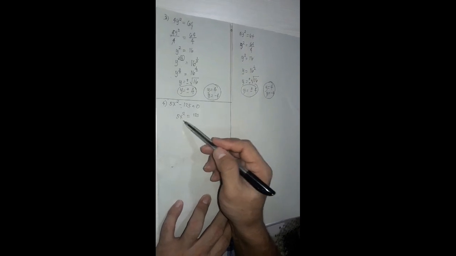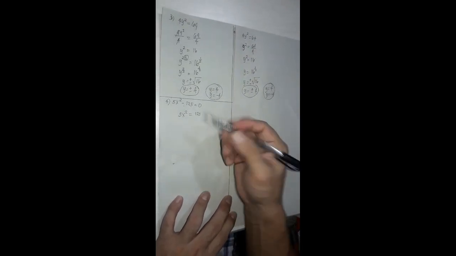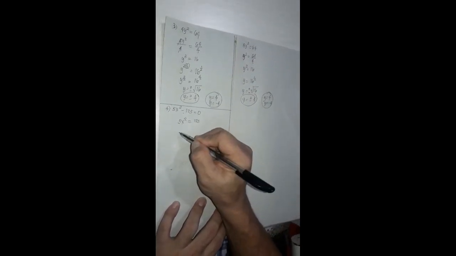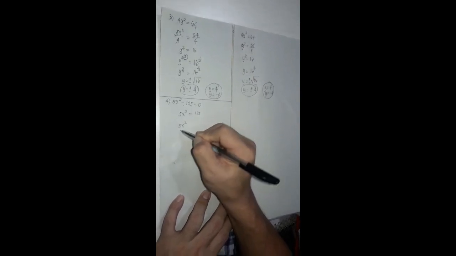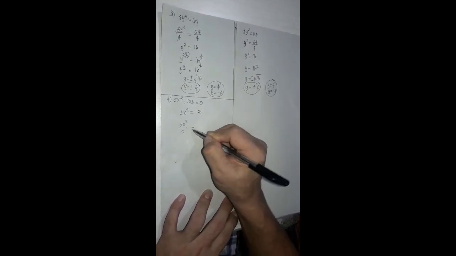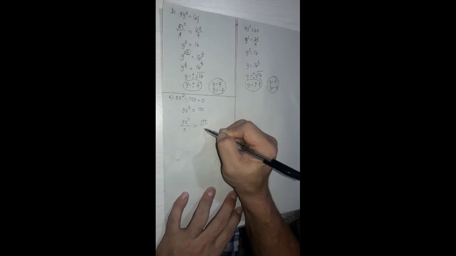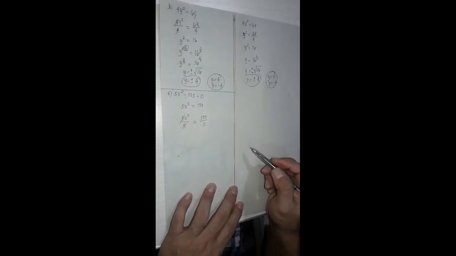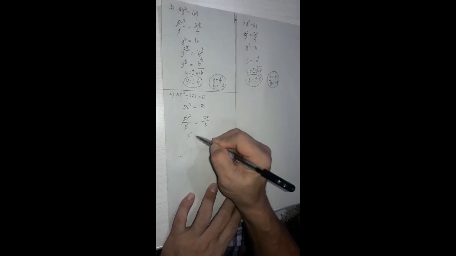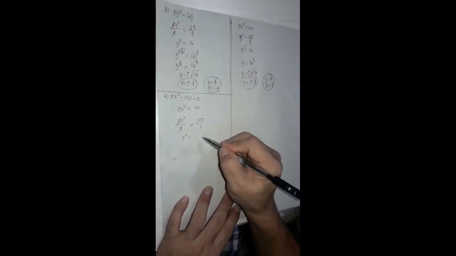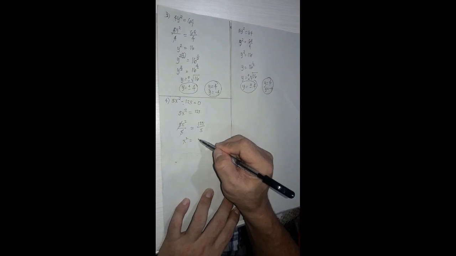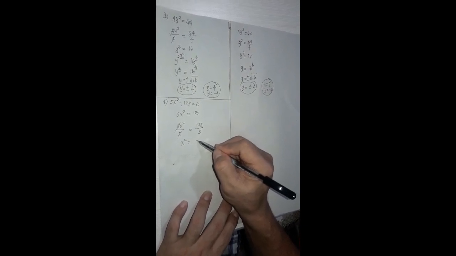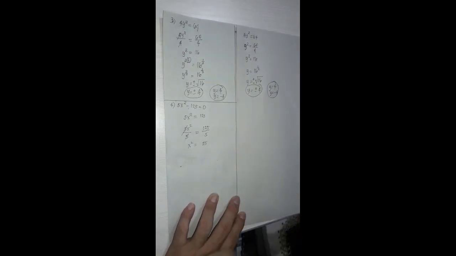Then, using the property of equality, eliminating 5, we have 5x squared over 5 equals 125 over 5. Thus, canceling 5, what is left here is x squared is equal to 125 divided by 5, which is 25.